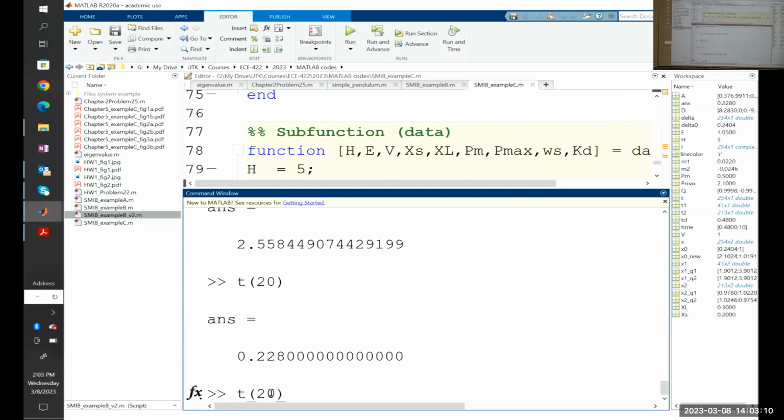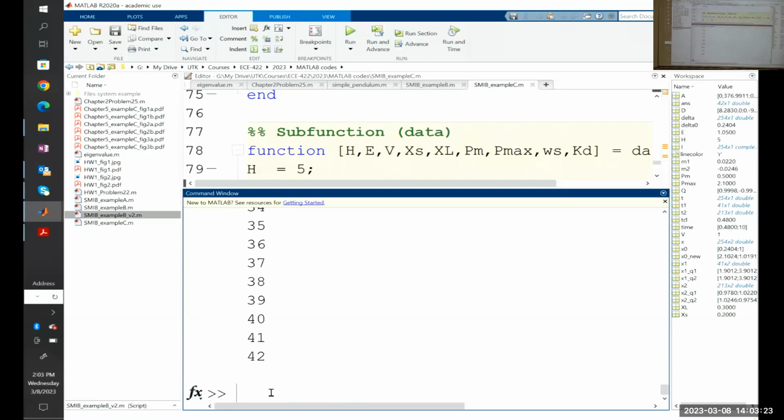So we can use the function find here, find t that is less or equal to 0.48. So 42. Time data 42 will give us the clearing time.